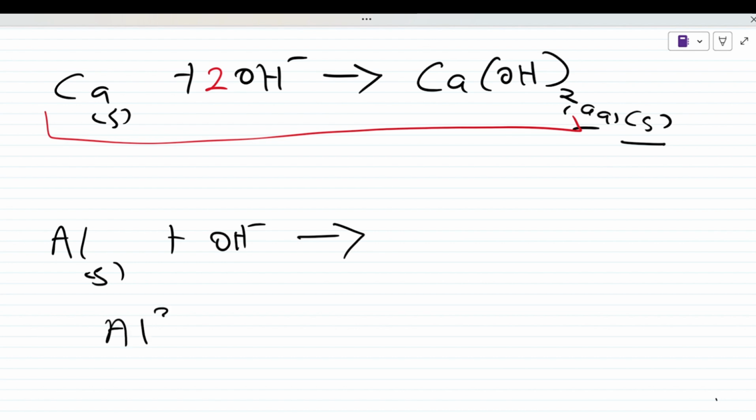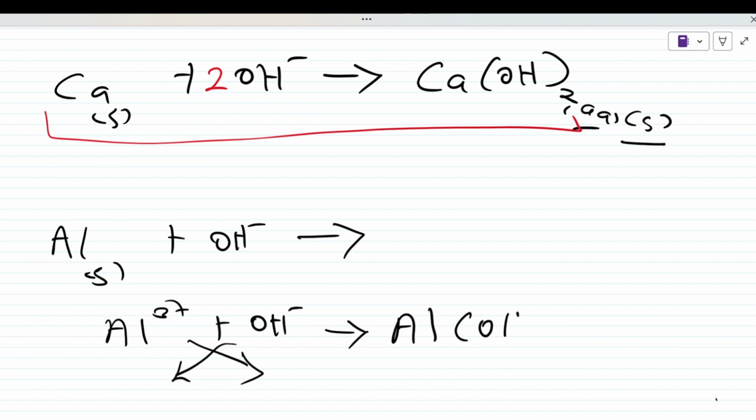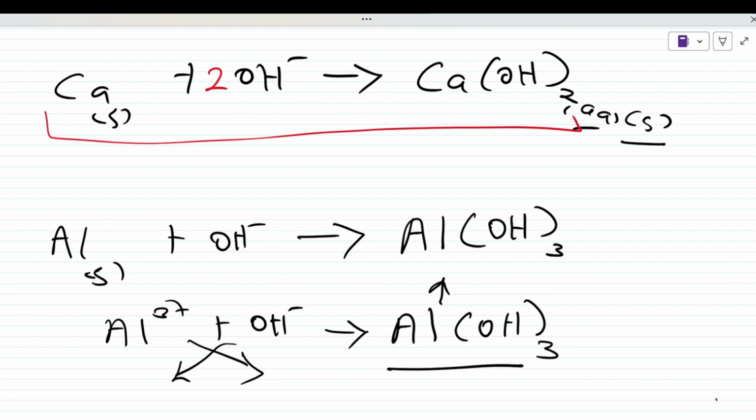I'll simply bring Al 3 positive plus OH minus, then they interchange. So I'm going to have Al taking 1, then in bracket OH, then 3.